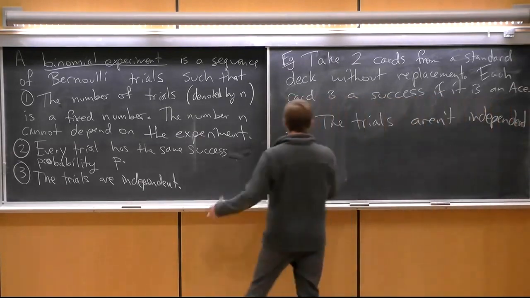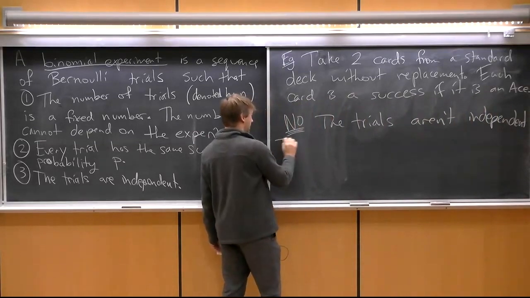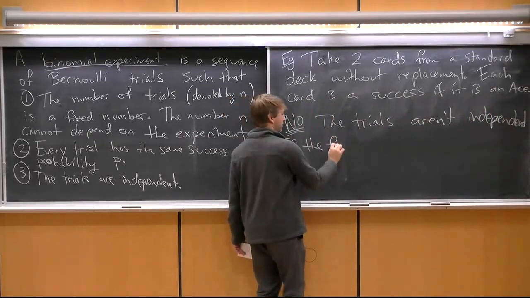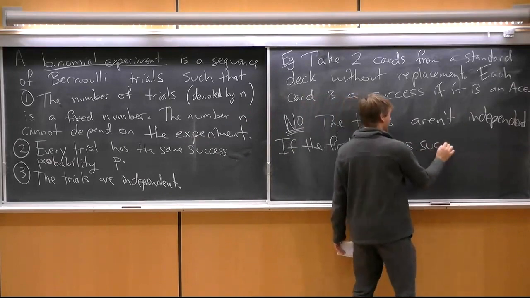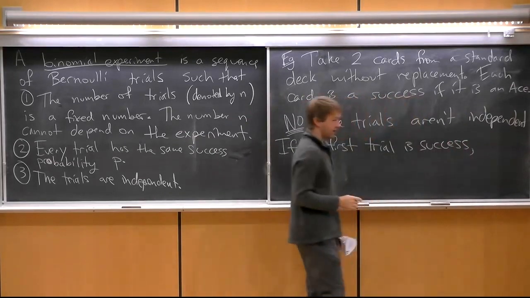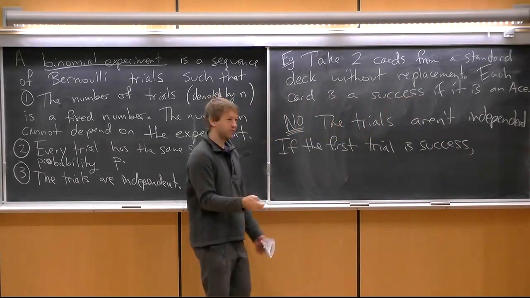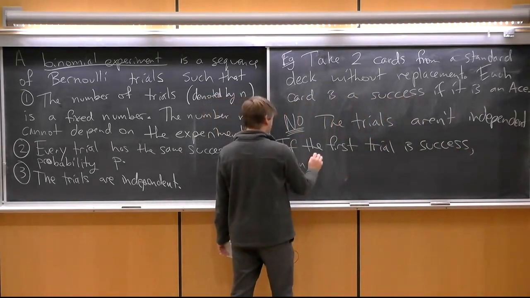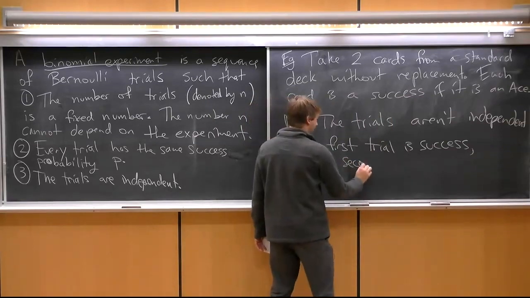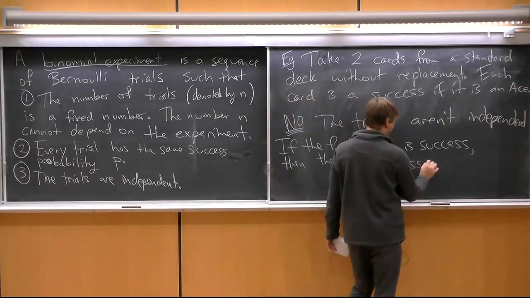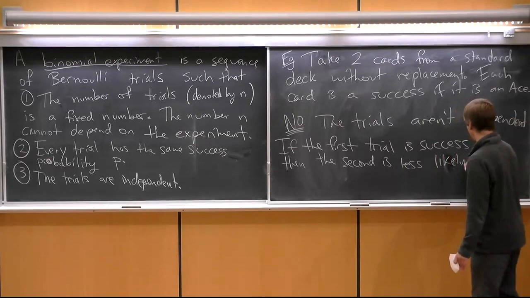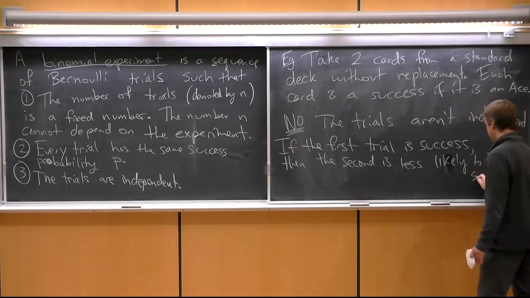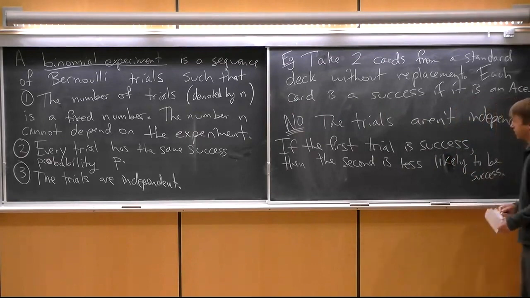For example, if the first trial is a success, then the deck has fewer aces in it now. So then the second trial is less likely to be a success. Right? So these trials actually affect each other.